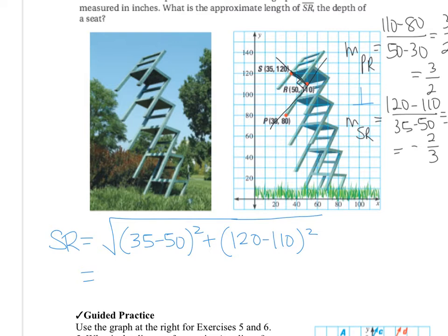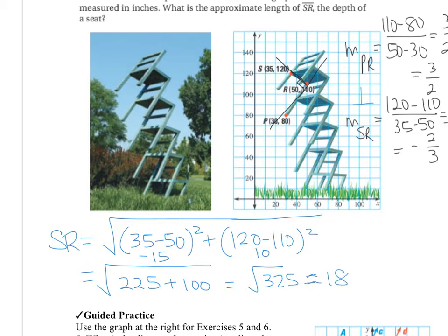So this is negative 15, and 15 squared is 225, and this is 10, and 10 squared is 100. This is the square root of 325, which equals approximately 18 inches.